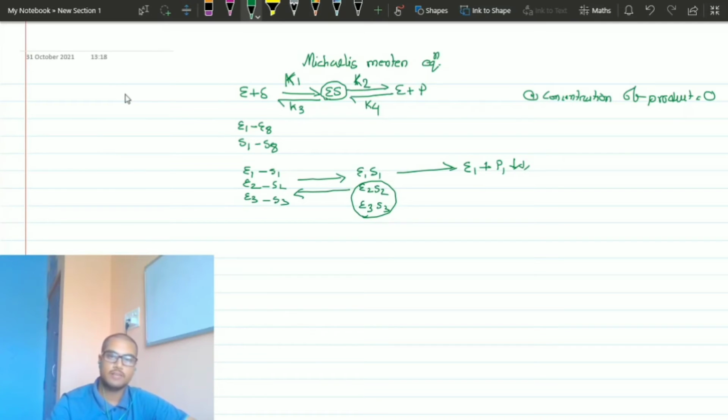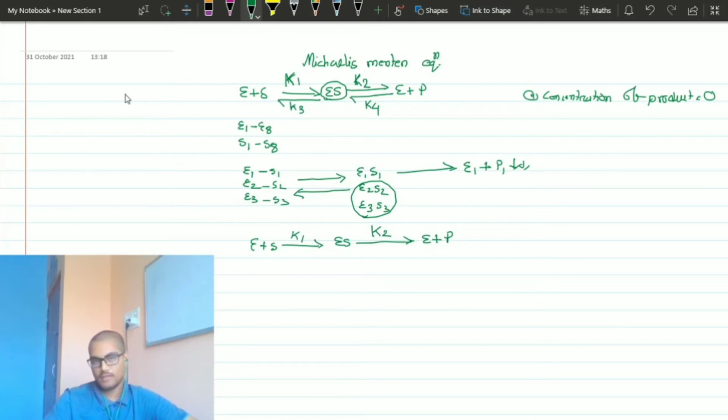So the updated reaction will be: enzyme plus substrate will form the enzyme substrate complex, and then this complex will further follow the forward reaction using the dissociation constant K2, and produce the enzyme plus product, and here the association rate constant will be K1.